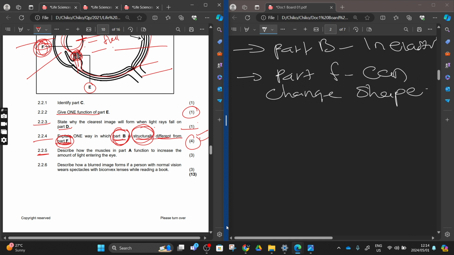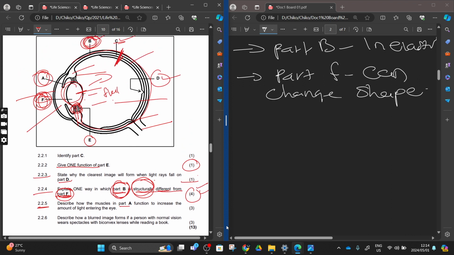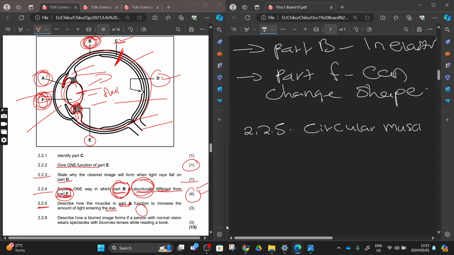Describe how the muscles in part A function to increase the amount of light entering the eye. Where is part A? Part A is our iris, the pupillary mechanism. To increase the light entering the eye, the circular muscles will relax.